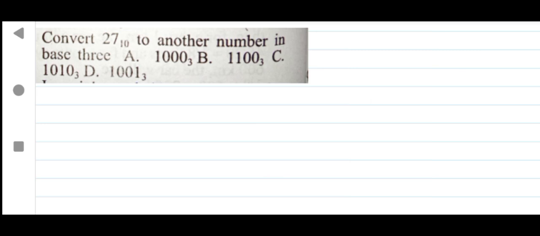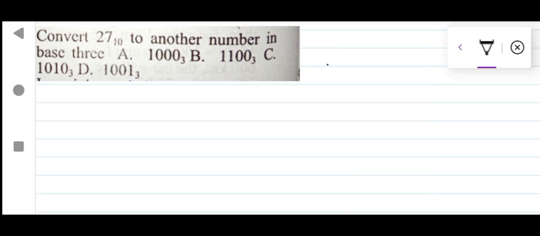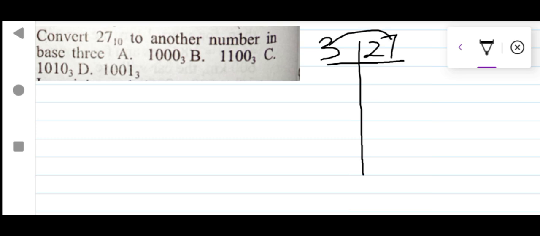We are having 27 base 10, and all we have to do right now is get your division line. So you have 27 right here, and you want to change it to base 3. So figure out how many 3 can you see in 27. That will be 9, remaining 0, right?